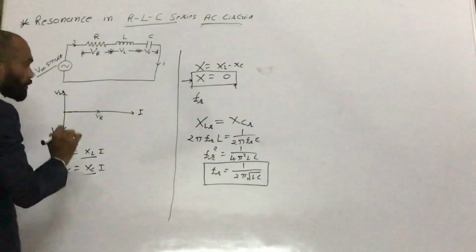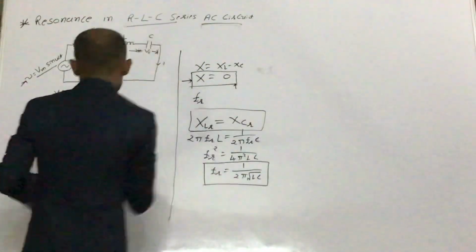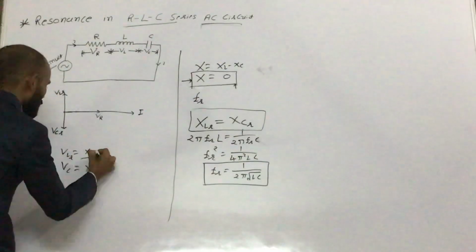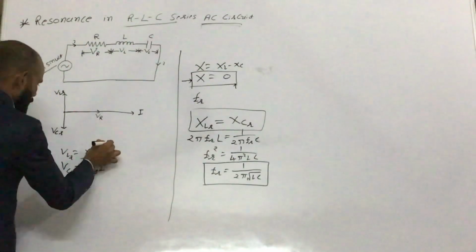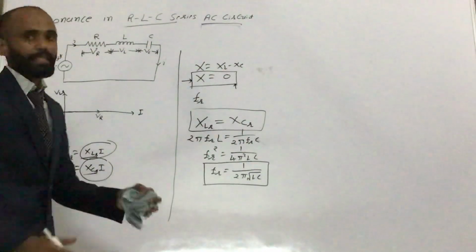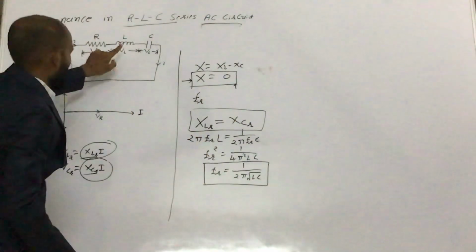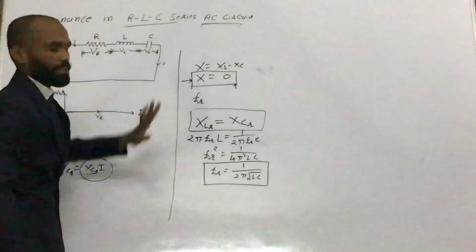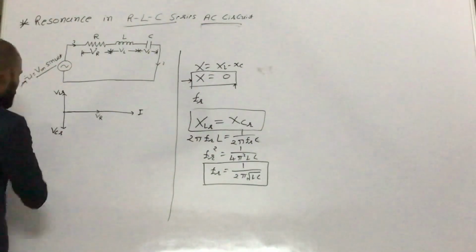But in resonance condition, both XL and XC are the same. So both values are the same. That means under the resonance condition, voltage across inductor and voltage across capacitor are the same.